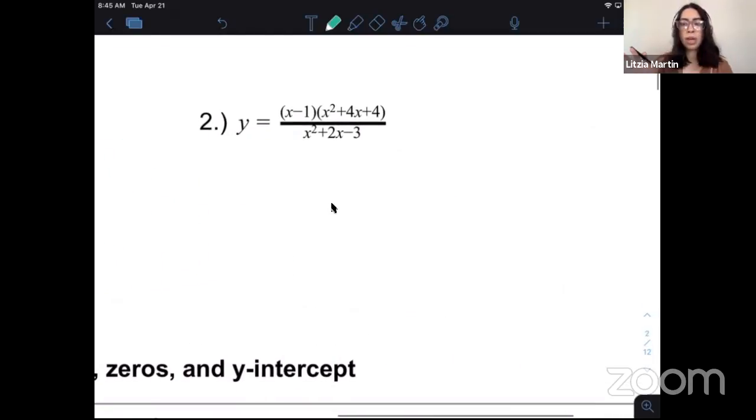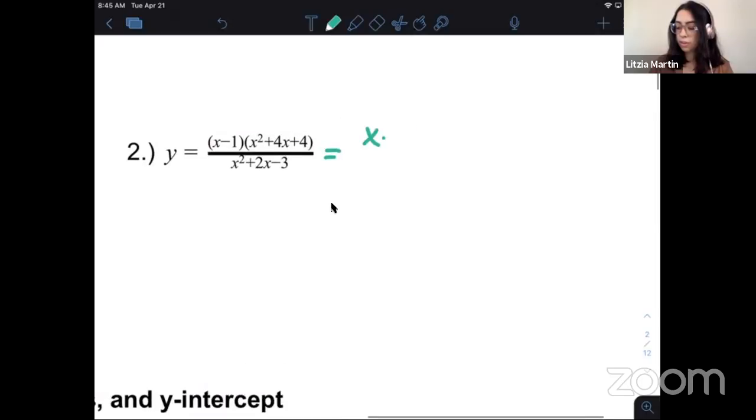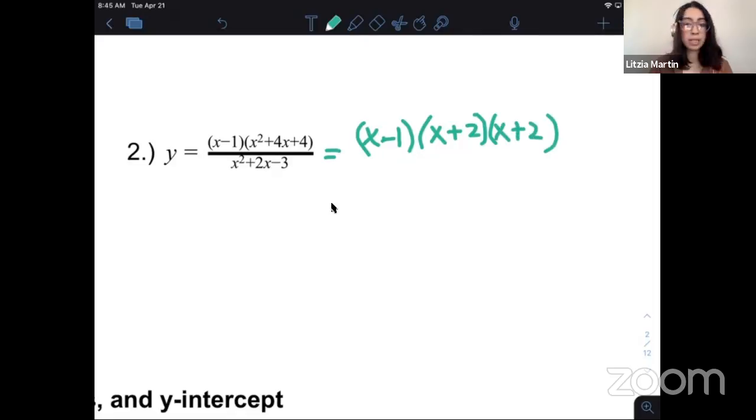Okay. So again, looking at number 2, the first step is to always factor. So x squared plus 4x plus 4 factors into (x plus 2)(x plus 2). And then the denominator, we would have 3 and 1.